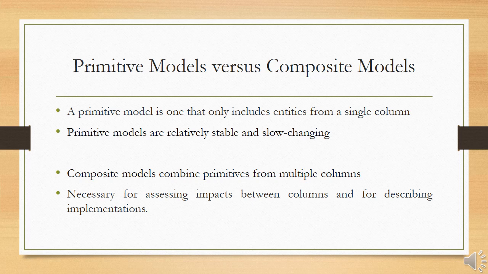The model based upon the Zachman framework can be simple, and because the columns are independent, you can populate them in parallel. Primitive models are relatively stable and slow changing. For example, consider the information models in column 1 of the figure.